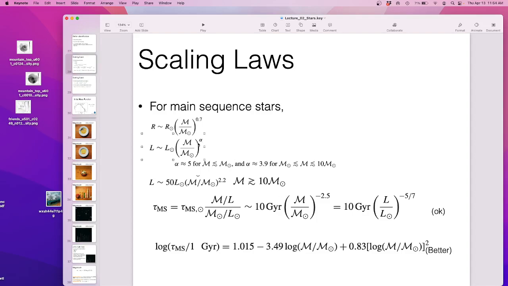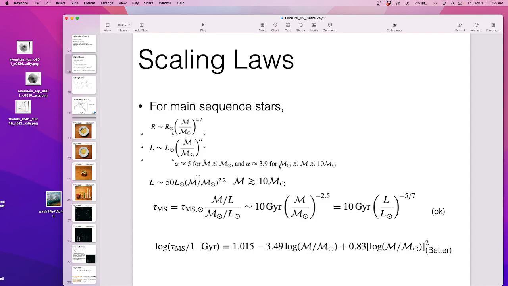The reason I pull this up is that way I know where to find it, to be honest. But this way you know where to find it too. So the scaling laws are in the second lecture notes. The luminosity, this is the only thing that we need, is what the luminosity does. So the luminosity goes like the solar luminosity times the mass in solar units to some power alpha. And alpha goes like 5 for low mass stars, and like 4 for higher mass stars.